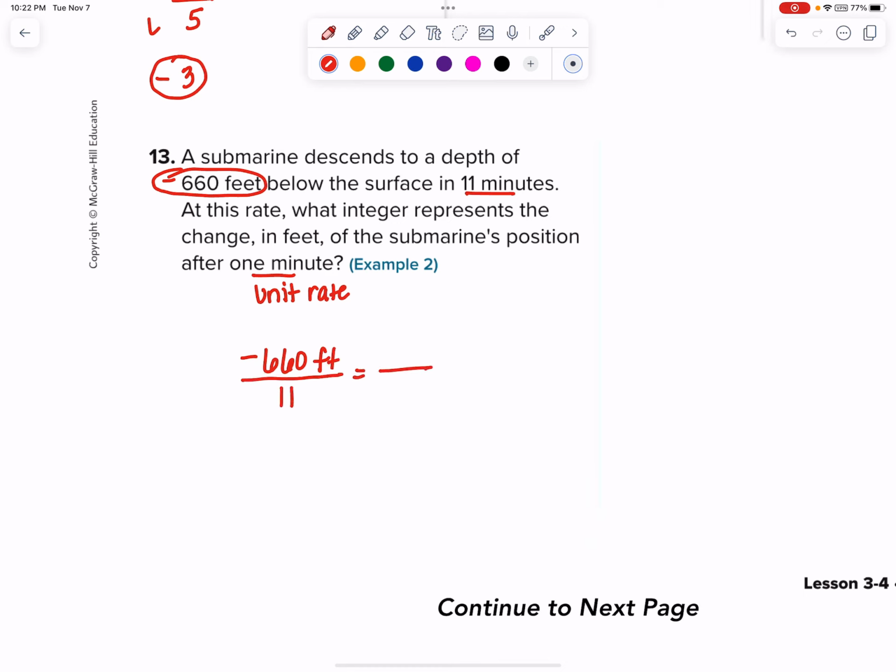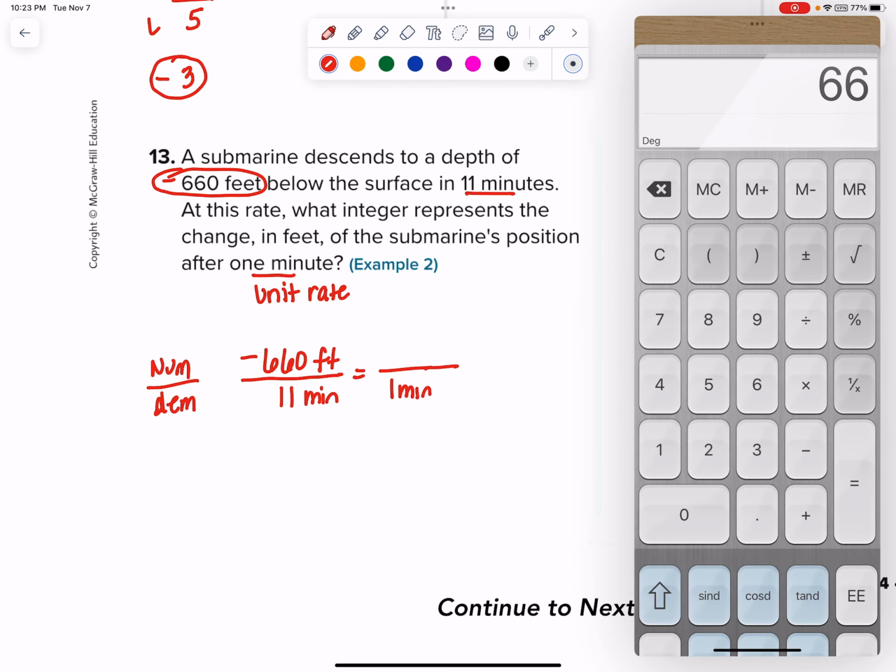So what would it be in 1 minute? How do we find unit rates? We take the numerator divided by the denominator, and it goes on top, and it is out of 1. So we do our 660 divided by 11, and I hate to love, which means I actually hate, and we're at negative 60 feet per minute as my answer.